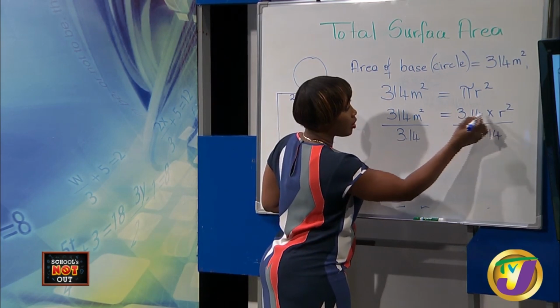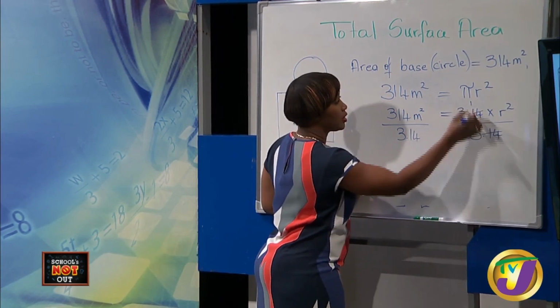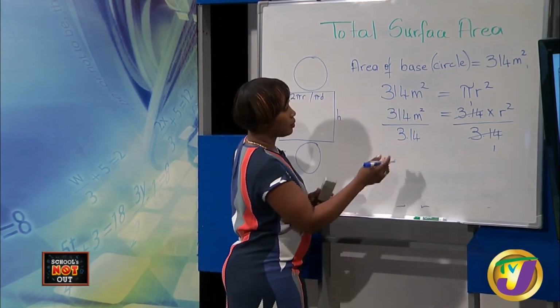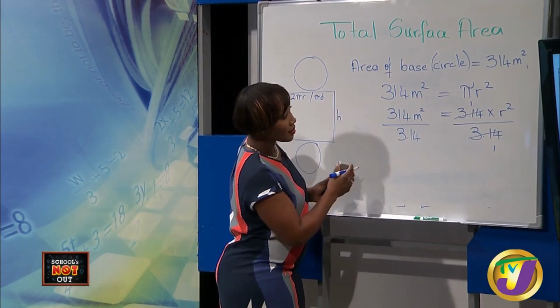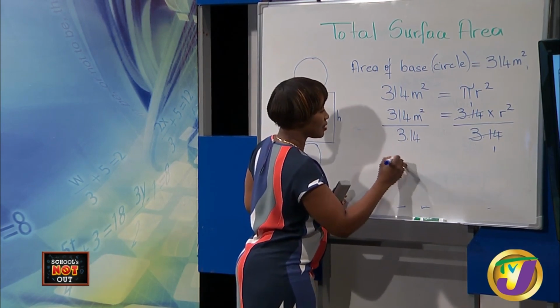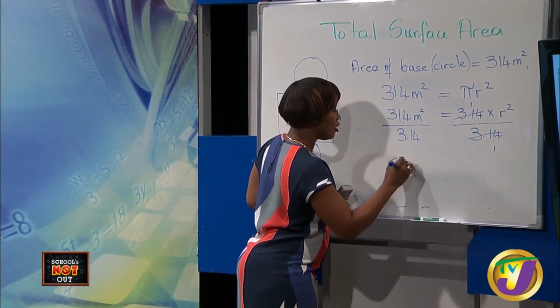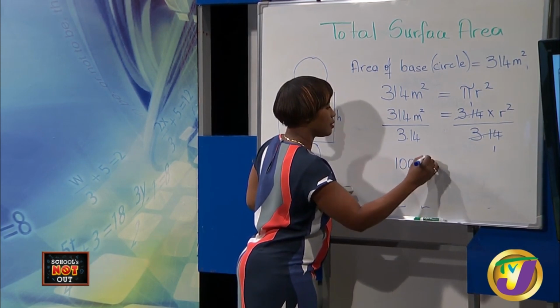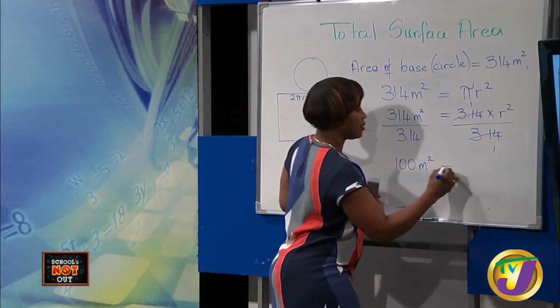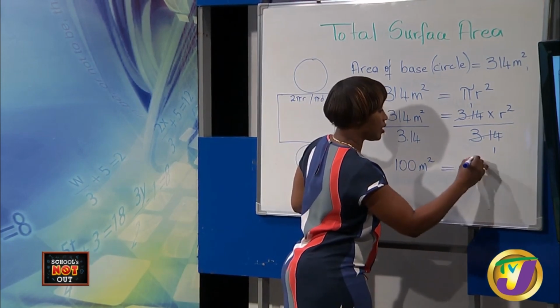So 3.14 divided by 3.14 gives us 1. 314 square meter divided by 3.14 will give us 100 meter squared. And now this is equal to r squared.